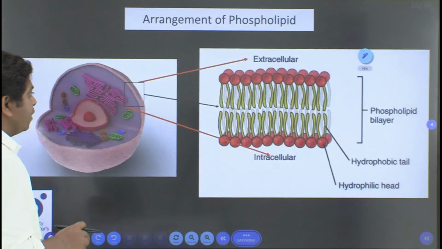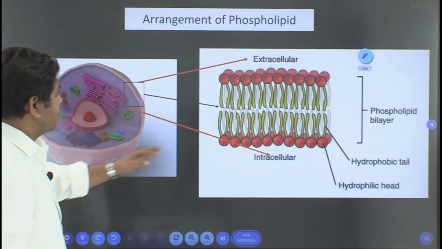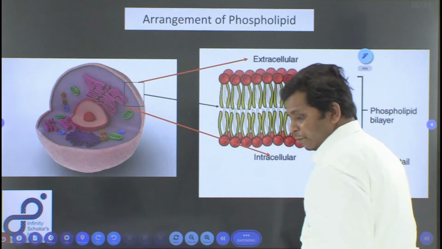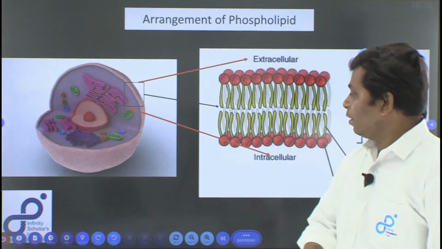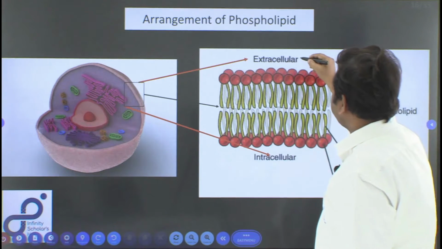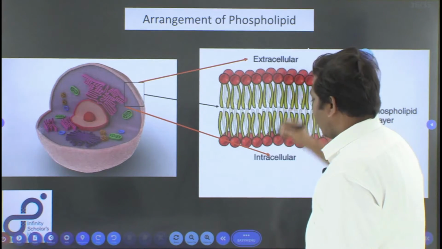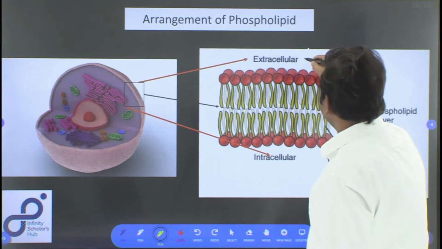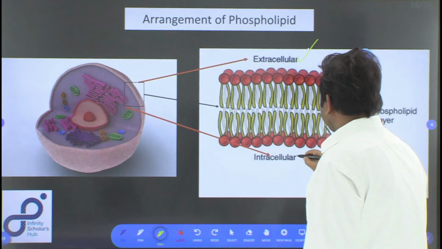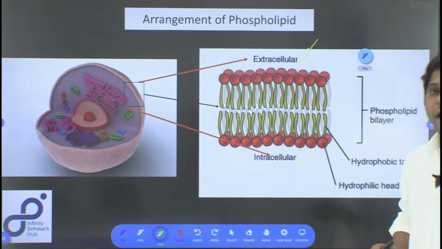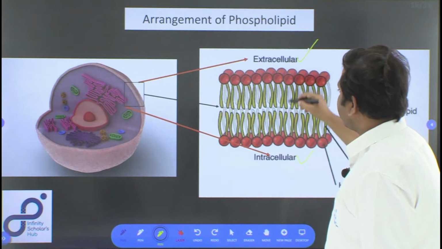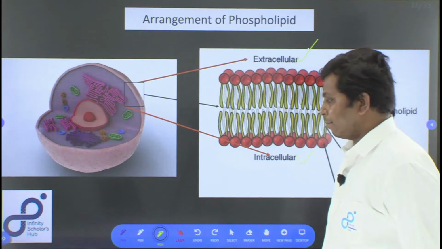So this is what I was telling you. If you look here, this is the extracellular space and this is the intracellular space, and the phospholipids are arranged in a bilayer format.